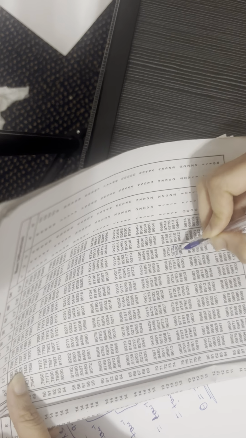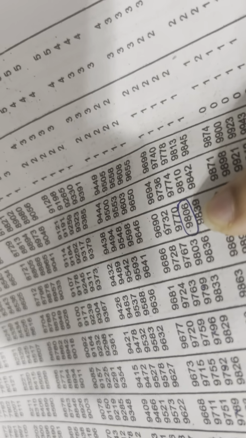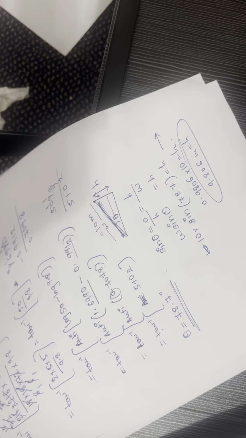This is my 7th column, that is 9806. So it is 0.9806 into 10 height. If I multiply by 10, I move the point to the right by 1 digit because there is 1 zero. So 9.806 meter is the height, and here your numerical gets completed.